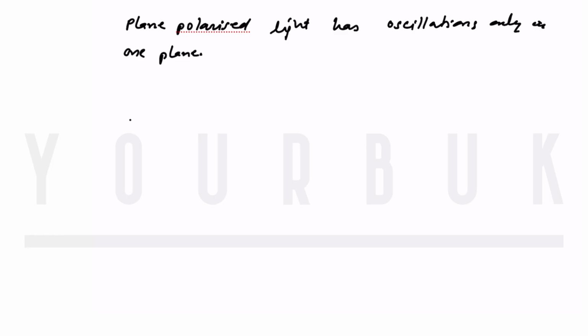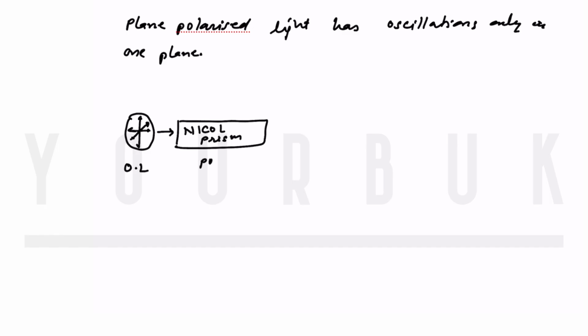So this is my ordinary light. We allow this light to pass through a prism. This is called a Nicol prism, which is a calcite crystal, which acts as a polarizer.